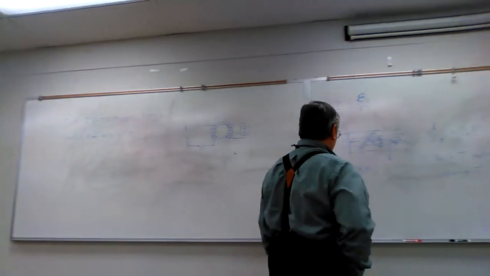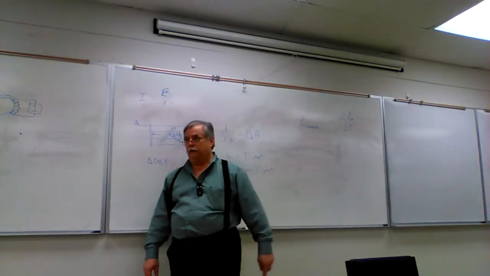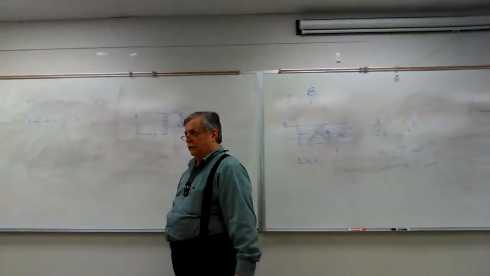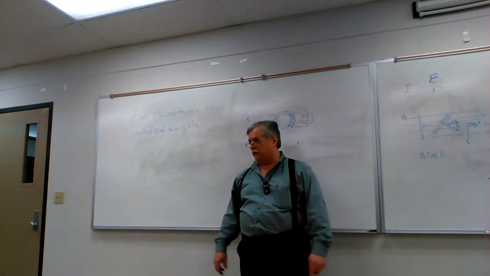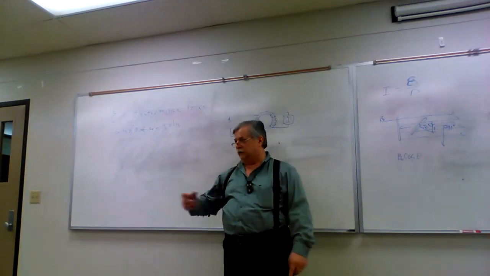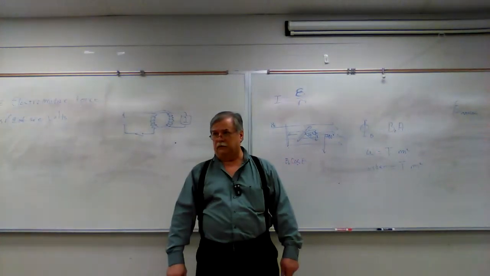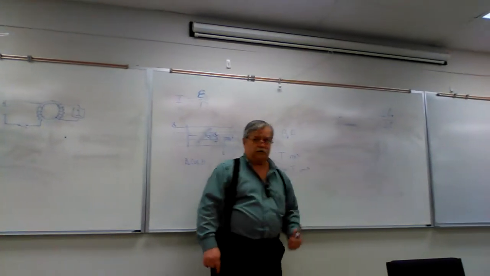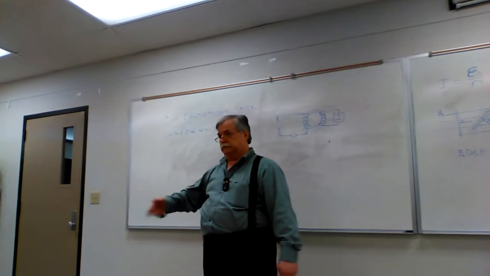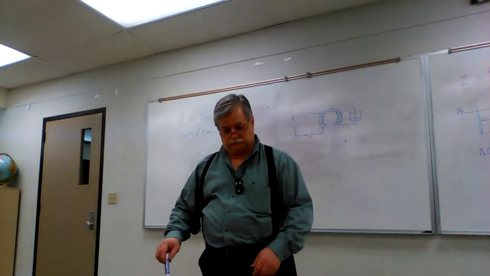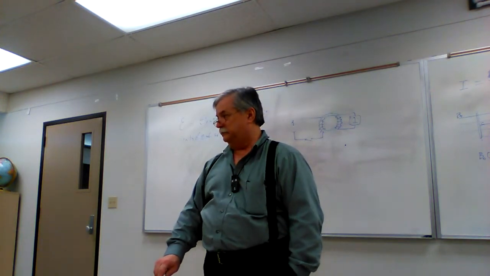Now, if that area that the flux is passing through happens to be a conducting wire, this is the amount of EMF that will be induced in that loop of conducting wire. And if it is a coil with many loops, then the total induced EMF will be equal to the number of loops times the change in flux per change in time.